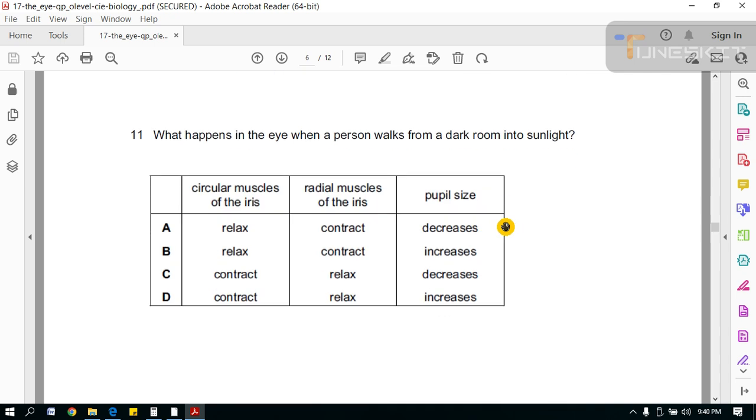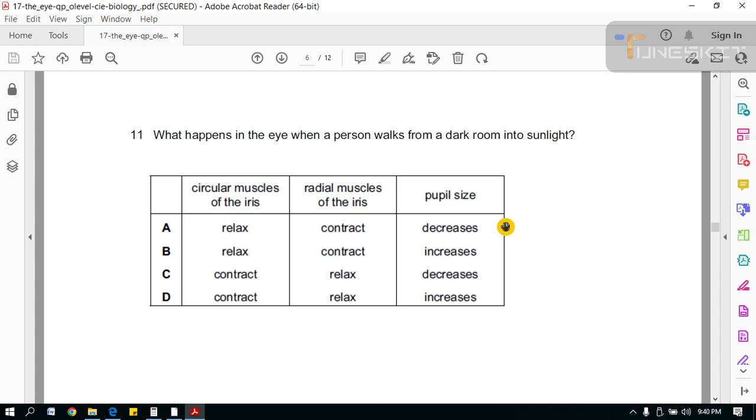What happens in the eye when a person walks from a dark room into the sunlight? When you go from the dark room outside into the bright light, what type of changes occur in the eye? We have to find out which parts or components of the eye change. So when you go out into a bright light, what happens to the circular muscles of the iris?